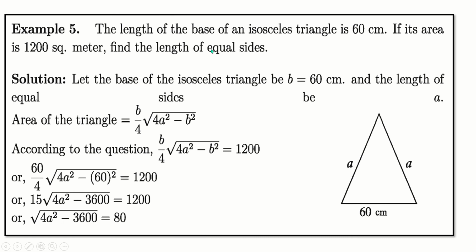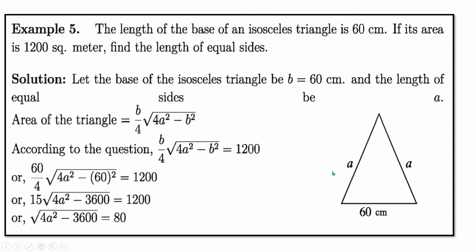Okay, now we'll solve a problem related to isosceles triangle. The length of the base of an isosceles triangle is 60 centimeter. If its area is 1200 square meter, find the length of the equal sides.